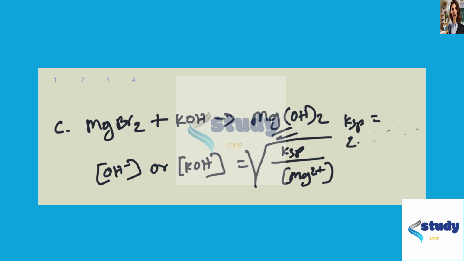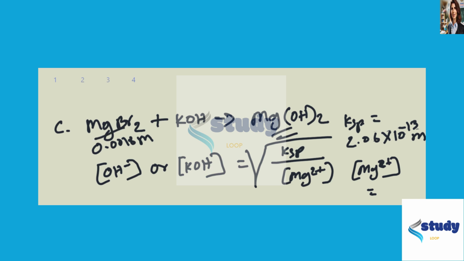So the KSP value is 2.06 times 10 to the power minus 13, and the value for the Mg2 plus ion concentration is, since we are using 0.0018 molar MgBr2, and from one MgBr2 we are finding one Mg2 plus ion, this will be the concentration for Mg2 plus, that is 0.0018.